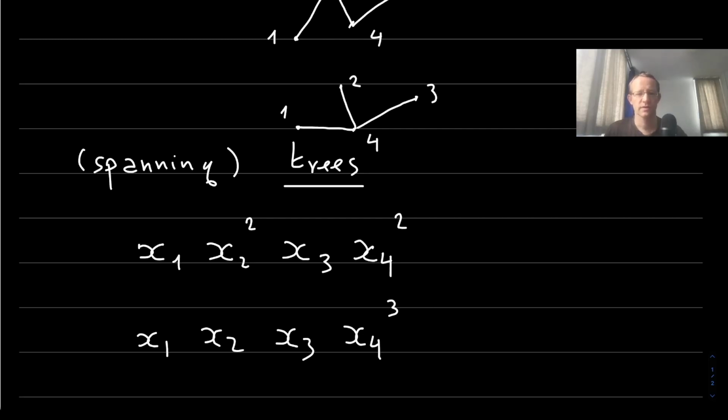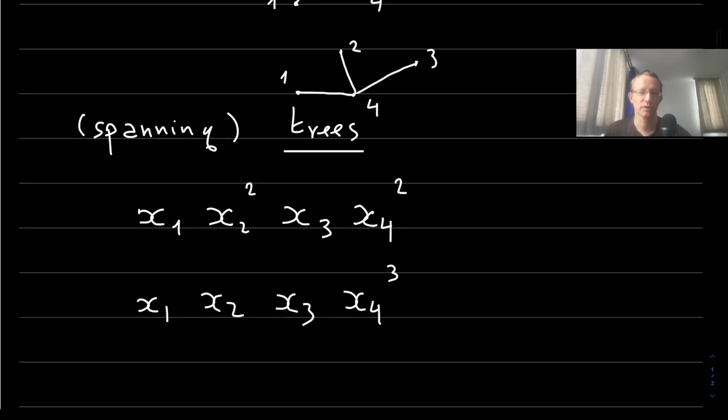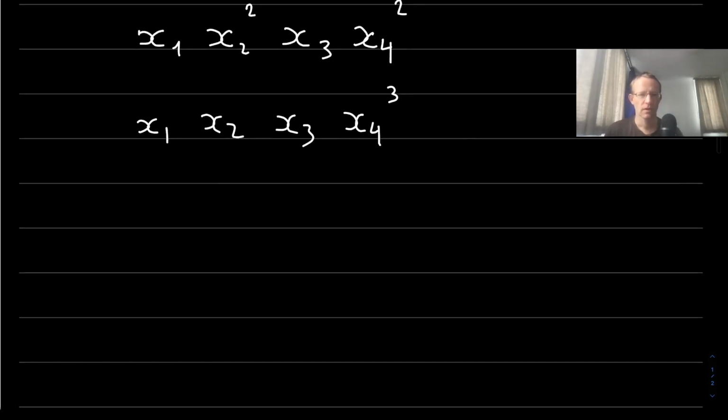So each tree has an associated monomial. So now suppose we sum over trees, particular spanning trees, we take the sum of each of those monomials for each tree.